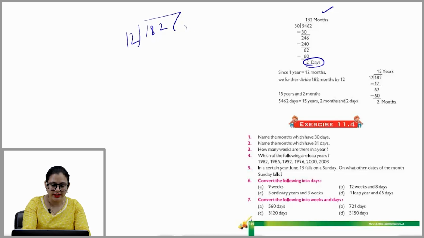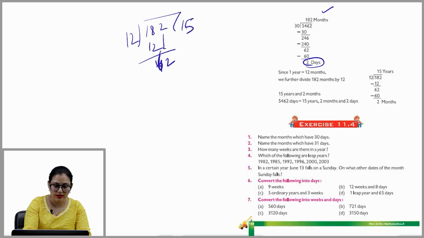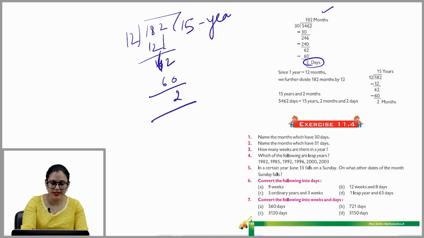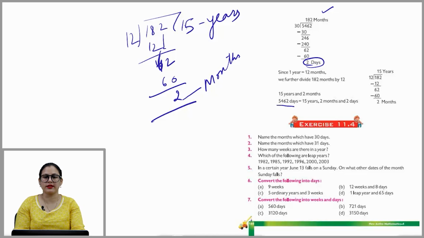Then what will we get? 12 ones are 12, 6, 62. 12 fives are 60. So 15 years and 2 months remaining. So in 5,462 days, there are 15 years, 2 months and 2 days.